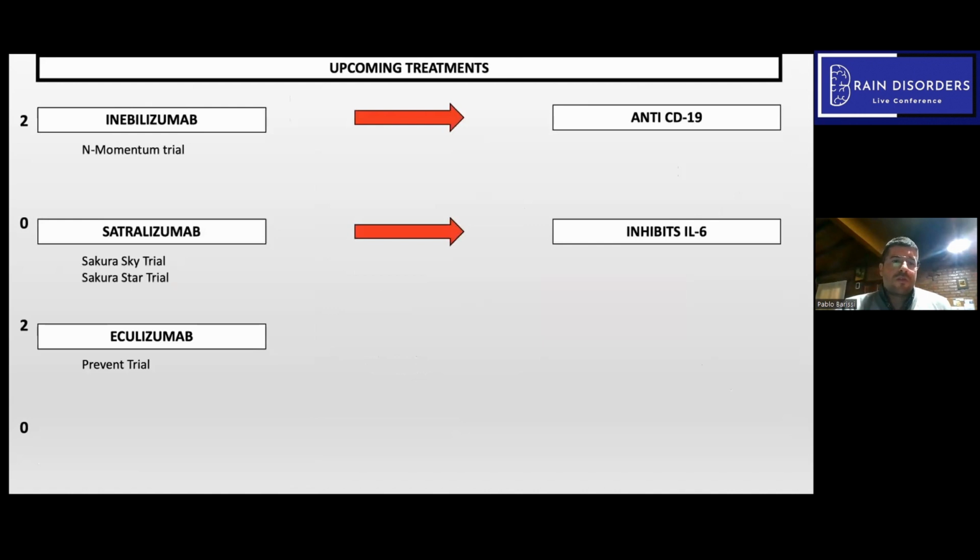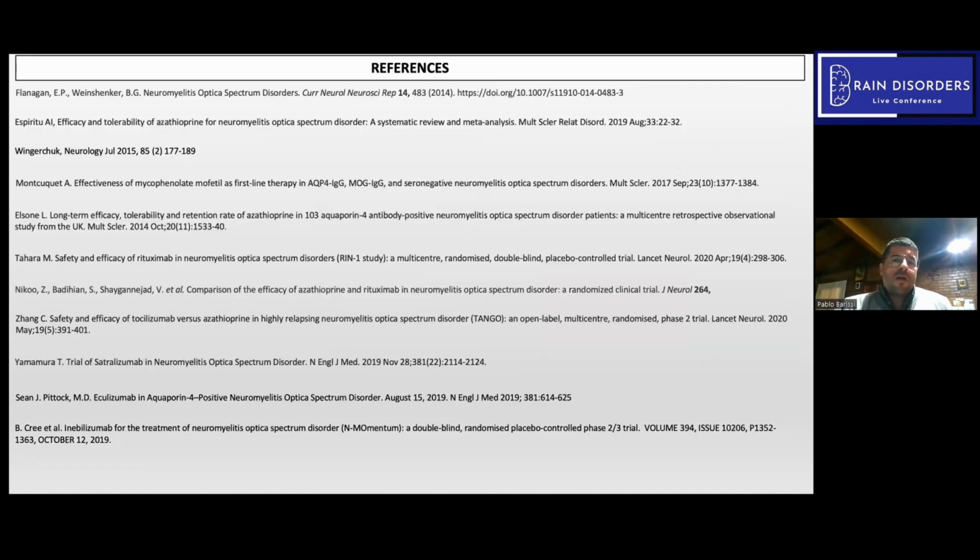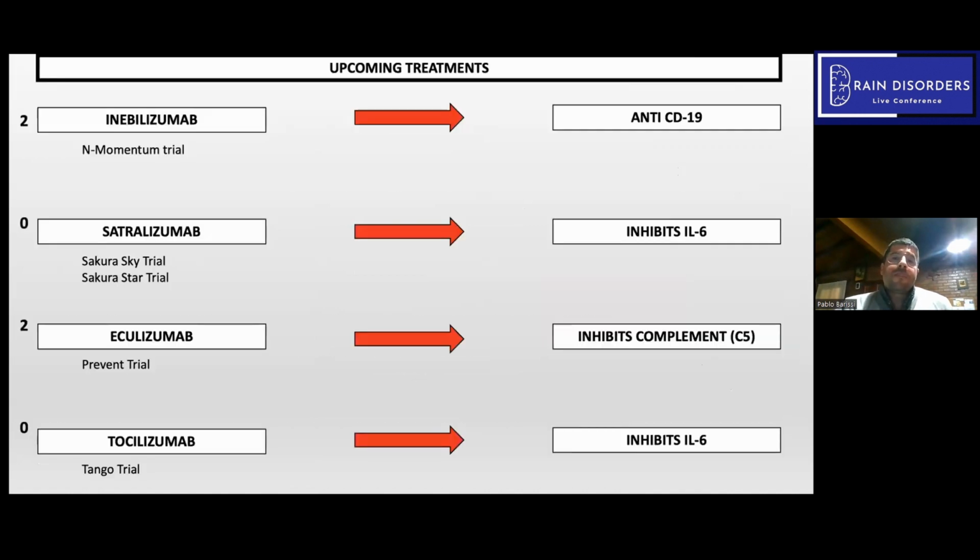So in 2020, they discovered other treatments that here in Argentina, for example, we don't have, but in other places they already have: inebilizumab, satralizumab, eculizumab, and tocilizumab. For inebilizumab, if you want it, you have to search the N-MOmentum trial.